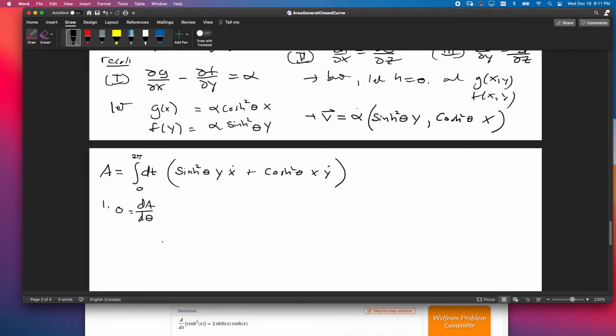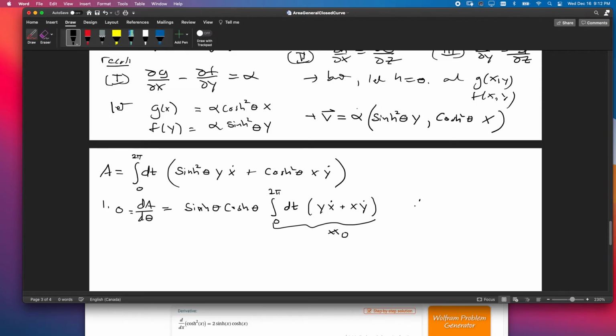And so I did the derivative of these things, so that just means that I'm going to get a sinh theta cosh theta times an integral from 0 to 2 pi. But this cannot be 0 because it's an area.